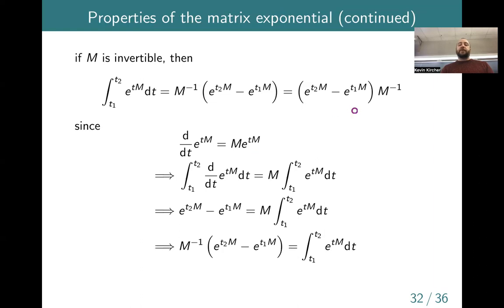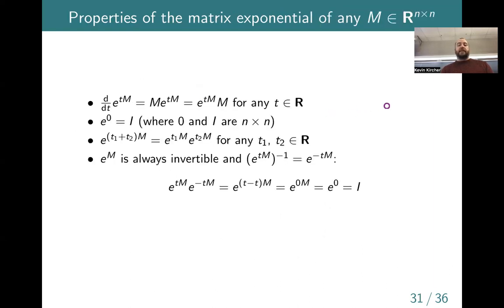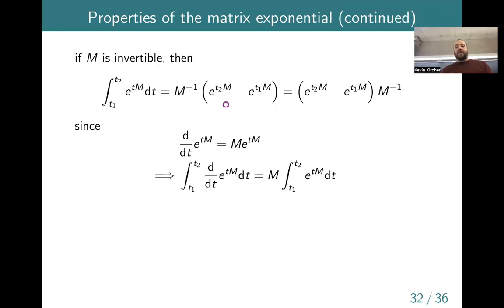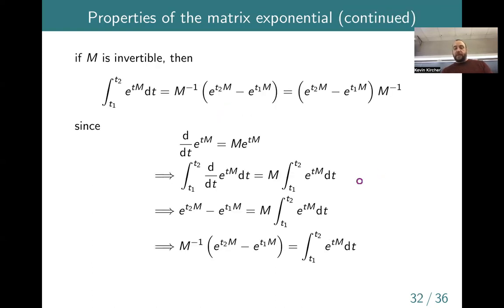To prove it, I proved it for the first term here, the one that shows up with the m inverse on the left. To do the proof for the one that has the m inverse on the right, you just start with the second version of this formula. So rather than m e to the tm, you have e to the tm m. If you start with that and run through the same steps in the proof, you have an m here and an m here. Then you right multiply by m inverse, and you kill the m here, and you end up with an m inverse on the right, on the left-hand side. Yeah, good question. Thanks.